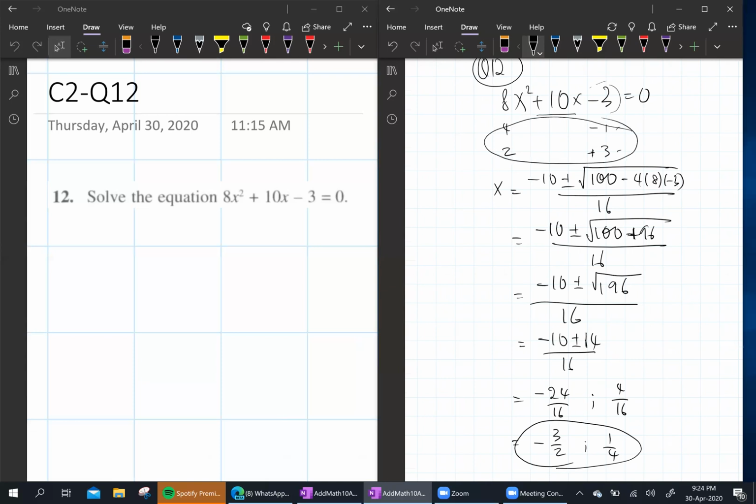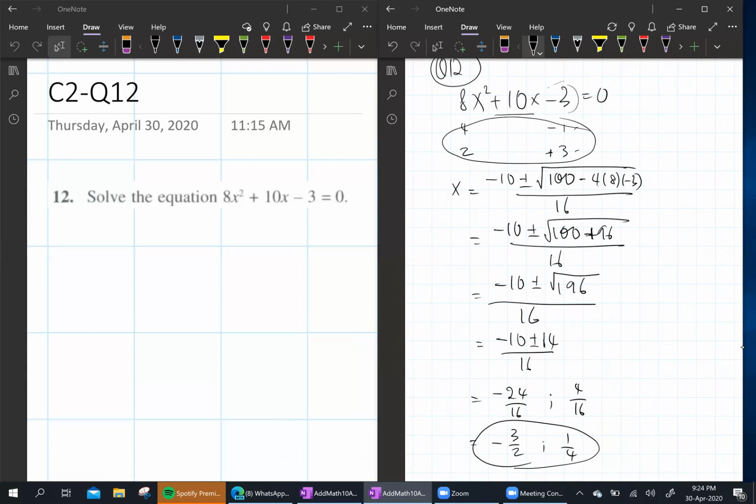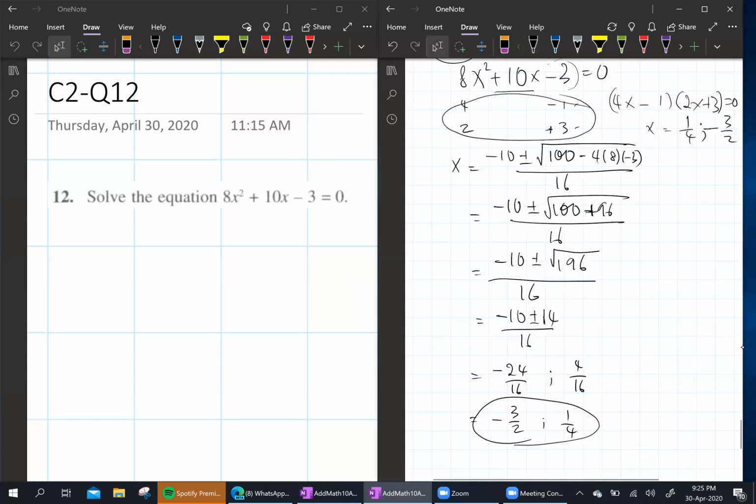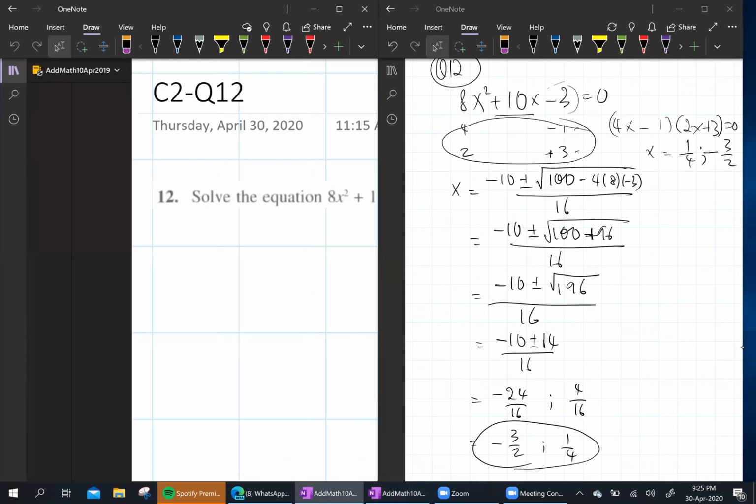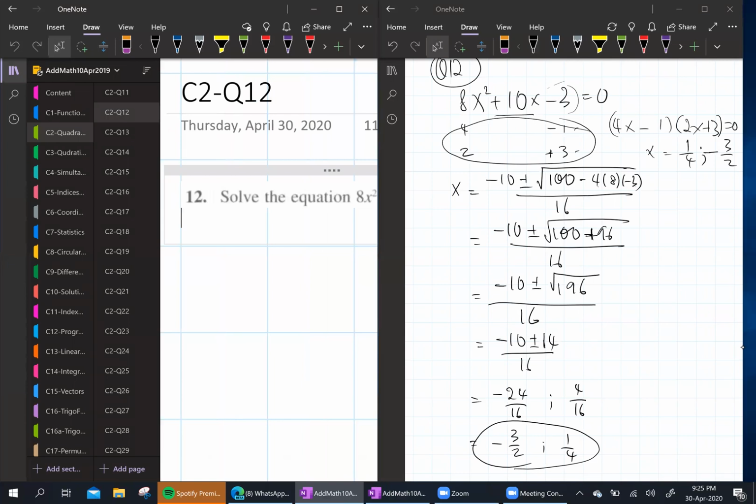Factorization is 4x minus 1, 2x plus 3 equals to 0. So your x is equals to 1 over 4 and minus 3 over 2. Same. Okay. Number 12, go to number 13. Understand here? Yes. Go to question 13.